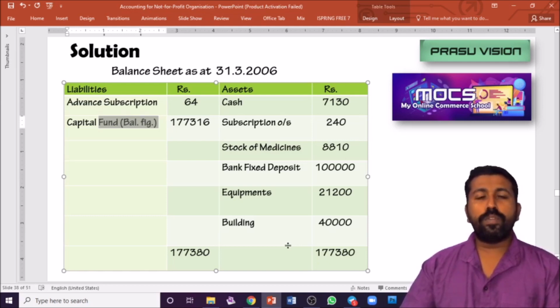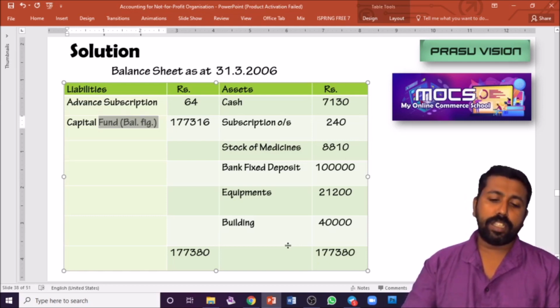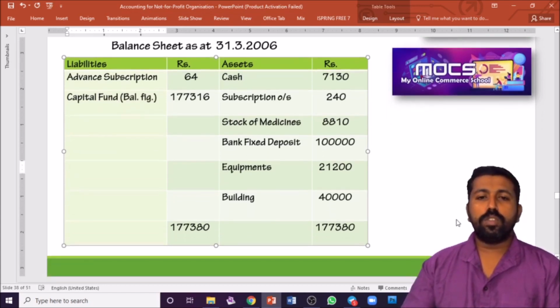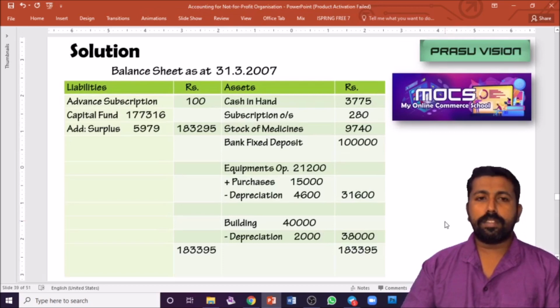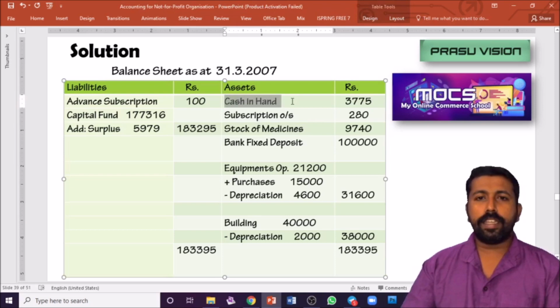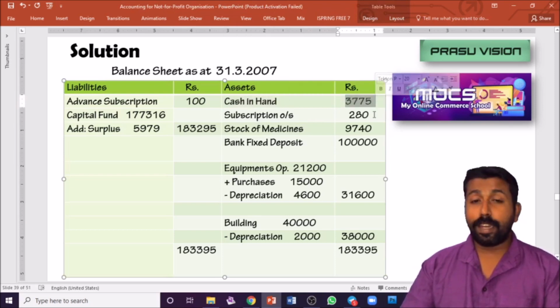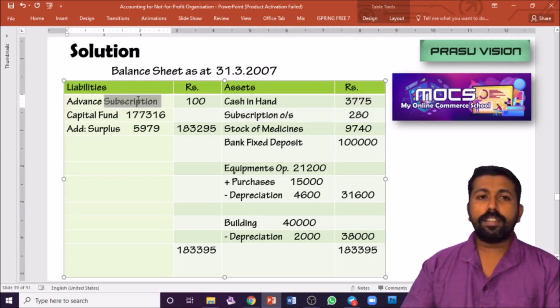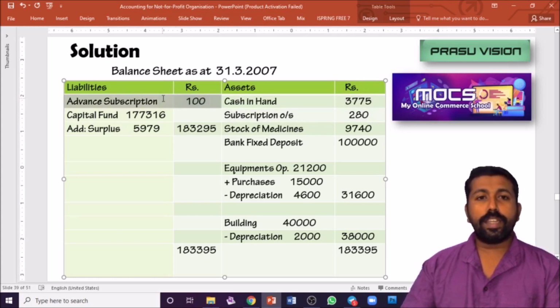So this opening balance sheet is prepared to find out the amount of capital fund. That is very much useful for the preparation of the last year balance sheet. So remember that, and we have to prepare the final balance sheet. And cash in hand, we are taking the closing value in the receipt and payment account. Also, we are taking the subscription outstanding at the end of the year. Subscription received in advance at the end of the year, we are taking on the liability side. Bank deposit, there is no change, that is also taken from the opening balance sheet.